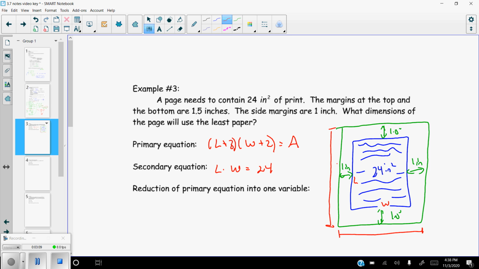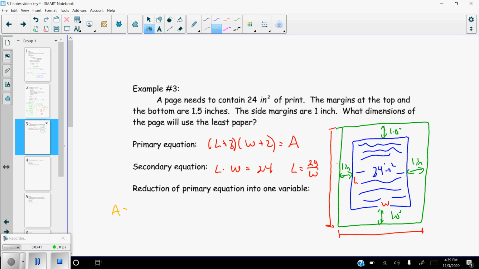So now I can reduce the primary equation, which is the top one, down to one variable, and it doesn't really make any difference which one we pick here. We could solve for L or we could solve for W. I'm going to choose to solve for L, but it doesn't really matter. So if I solve this for L, I can divide both sides by W, which gives us 24 divided by W. So I'm going to plug L, 24 over W, in for the L in the primary.